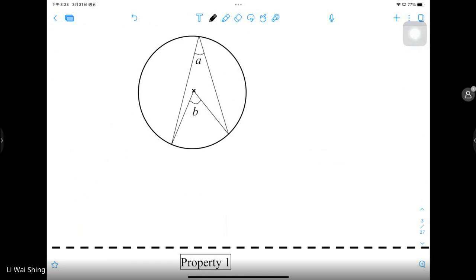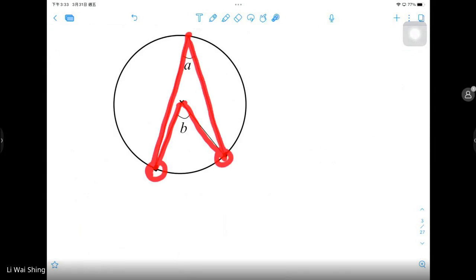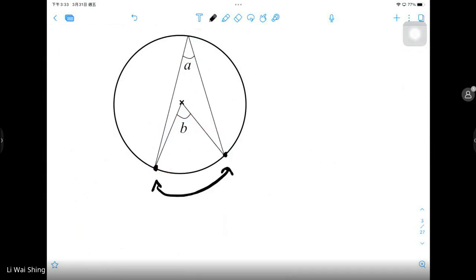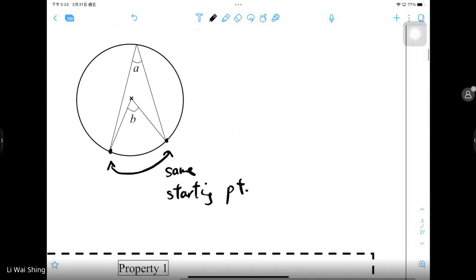All right, so the first property of this chapter is that if the angle at center shares the same starting point as the angle at circumference, I'll repeat: if they have the same starting point, then we get this property.